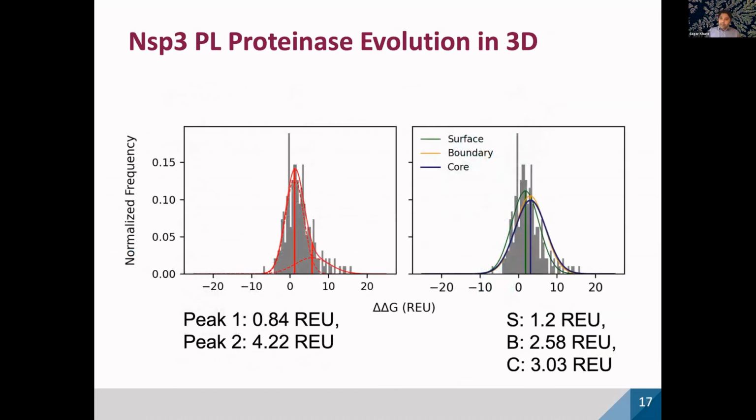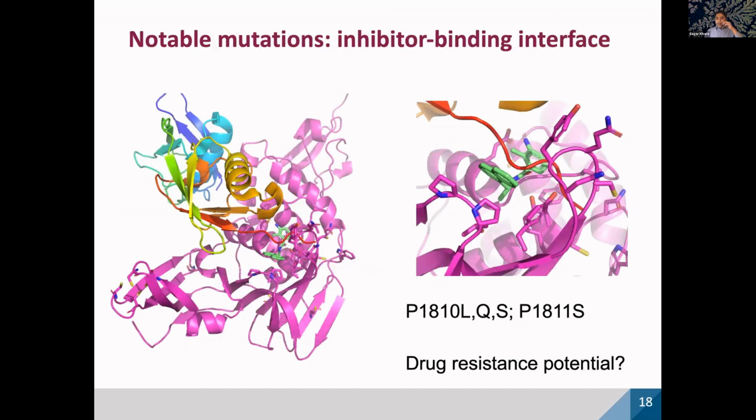If you look at the stability distributions, again, similar to the entire data set, we can see that the two peaks are similar to the peaks that are observed for surface, boundary, and core residues, respectively. So now let's look at a few different mutations that I would like to highlight.